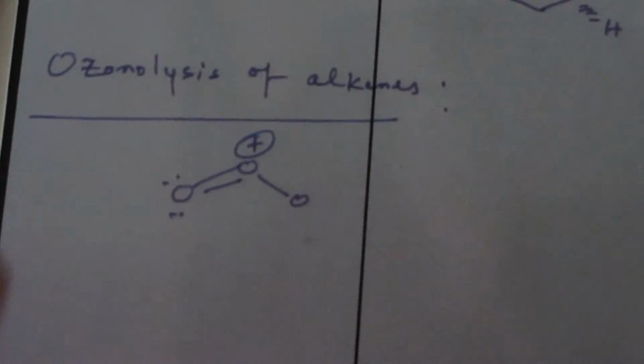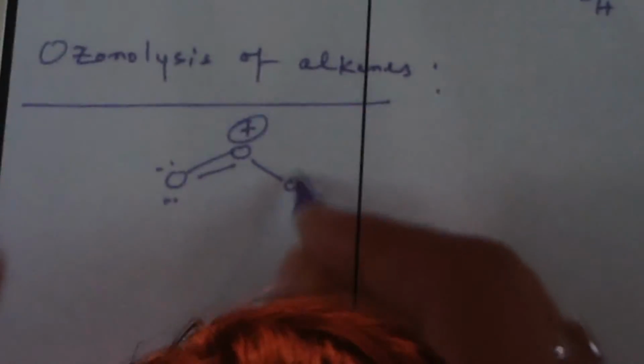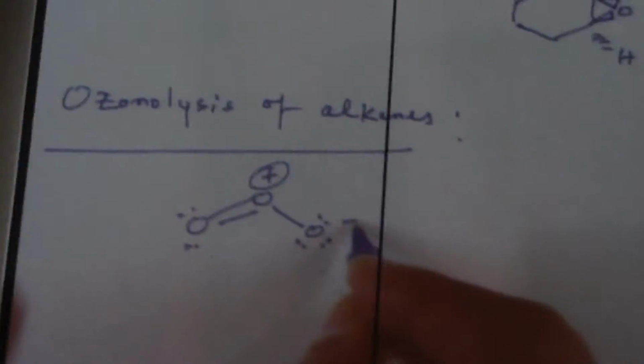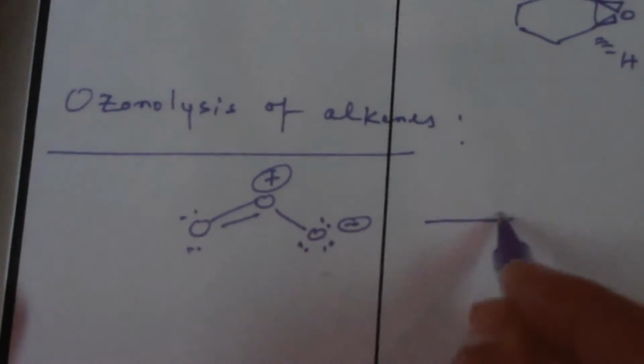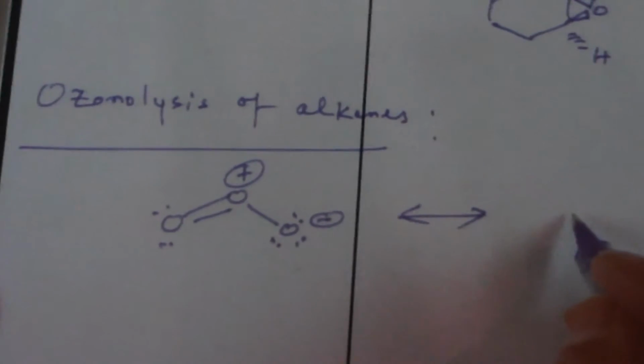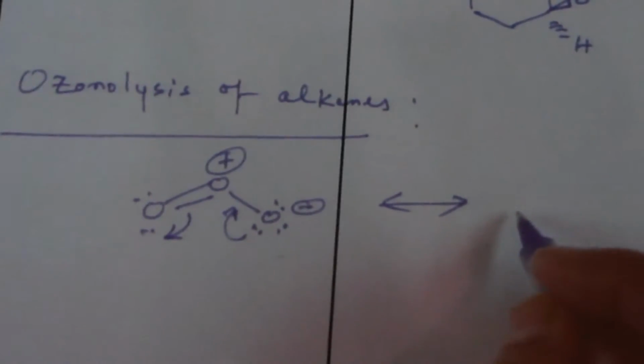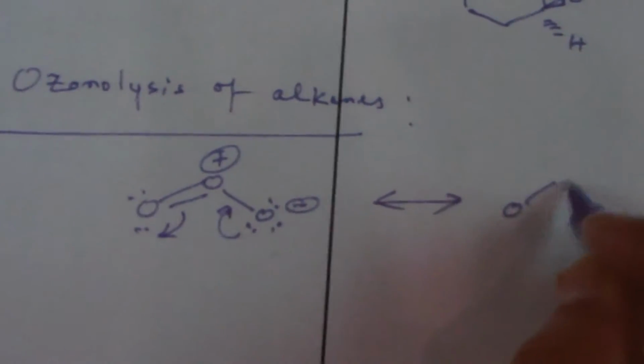This oxygen is positively charged, the other oxygen connected to it is negatively charged. And of course, you can draw another resonance structure of this, where they switch places.